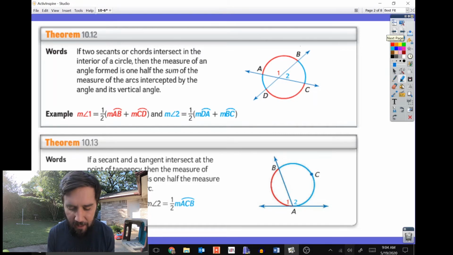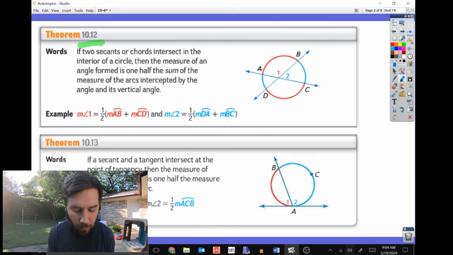Either they intersect inside the circle, like you see in theorem 10.12 here. If that's the case, then the measure of an angle formed is 1/2 the sum of the measures of the arcs intercepted by the angle and its vertical angle.